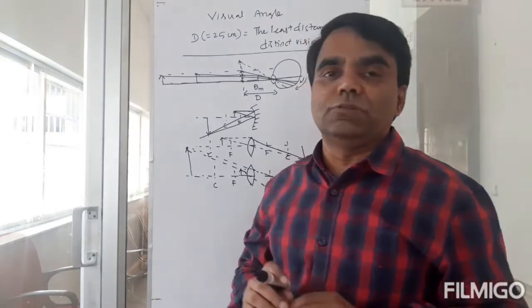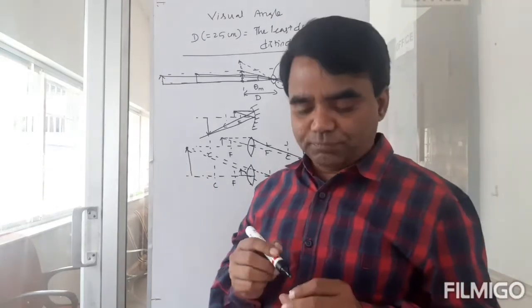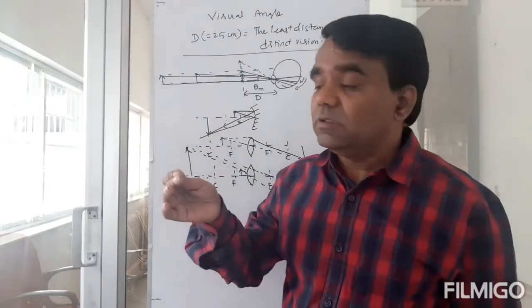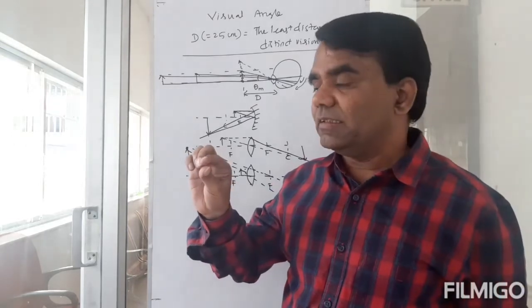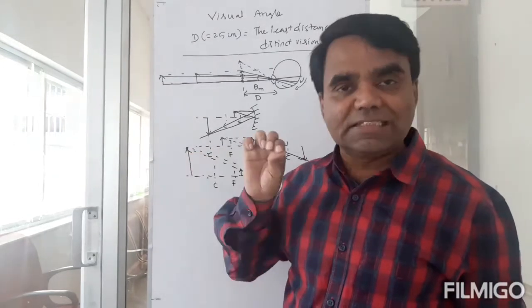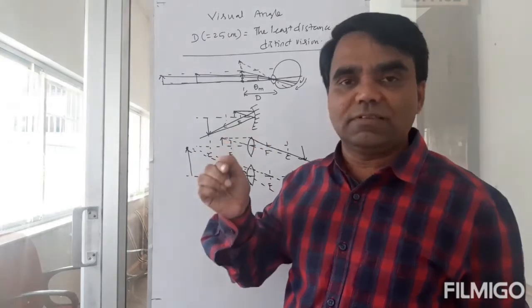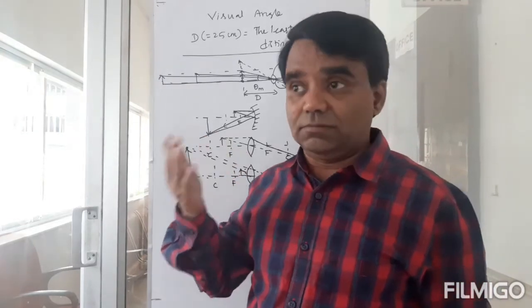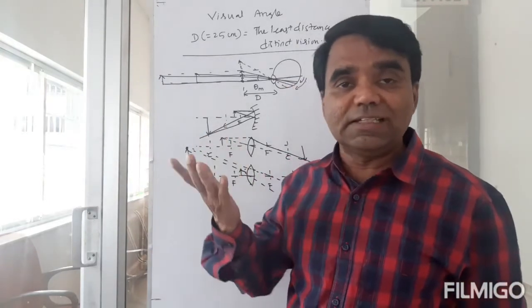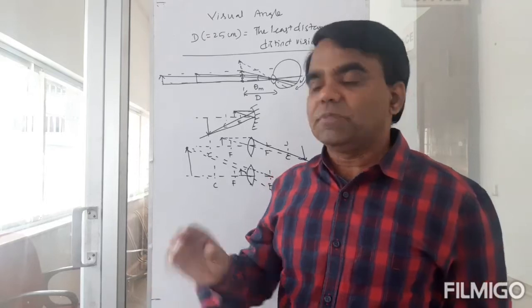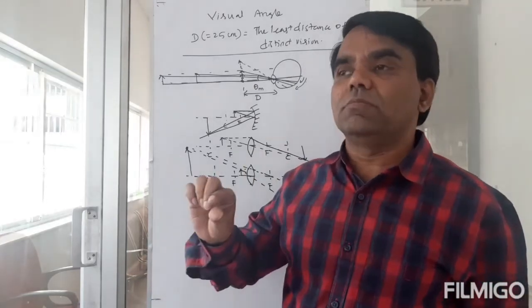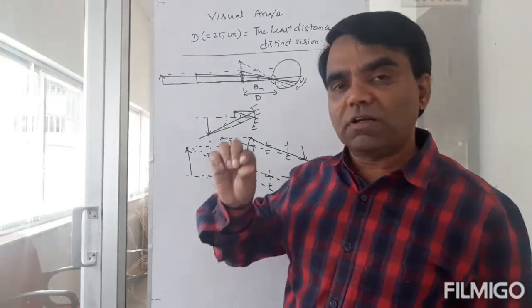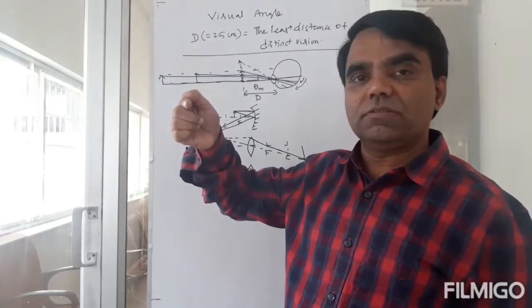So in the case of a microscope, this is what we're actually doing. If you take a very small object and if you keep it at 25 centimeters, it still may not make the visual angle necessary for you to see it, and that is the reason why you are not able to see atoms, cells, microbes with the unaided eye. They are so small, and the light that comes out of these things make very small angles at 25 centimeters distance.